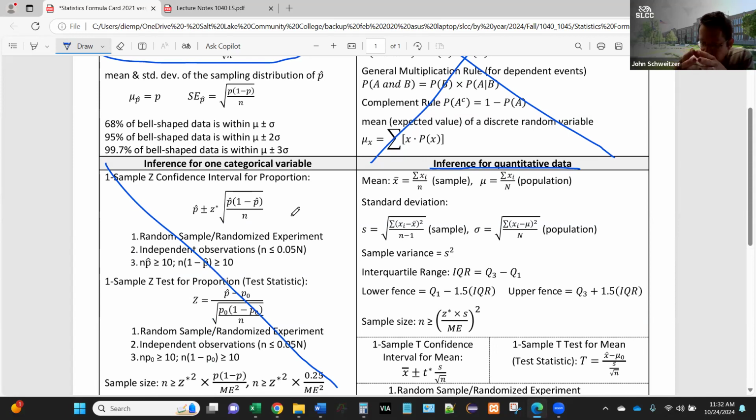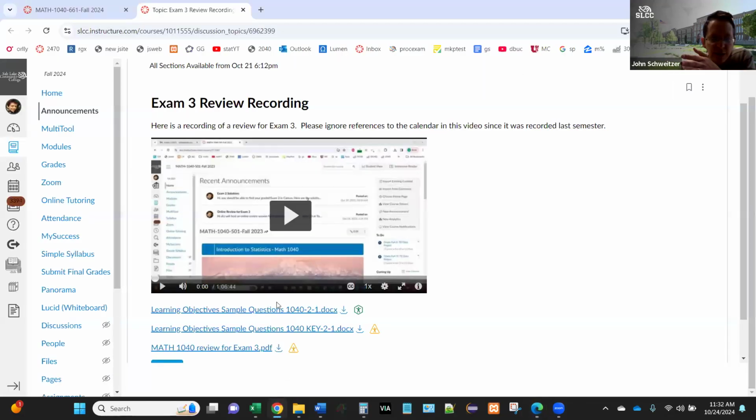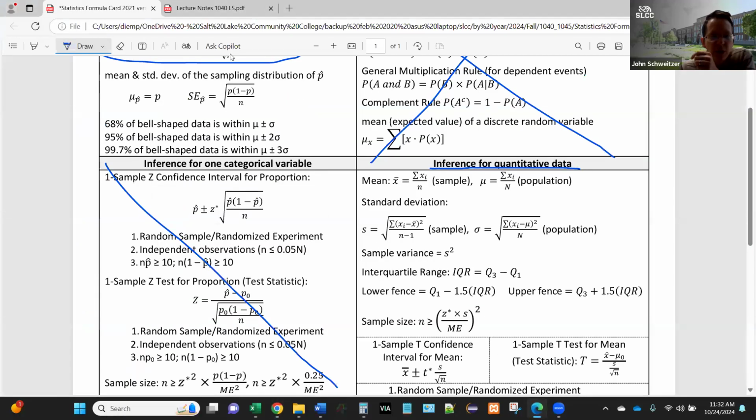And for some of the problems, there will be some GeoGebra outputs, just like on Exam 2. So again, to get the best idea of exam kinds of problems, go through these practice problems, do the homework. Okay, so if there's no questions, we'll get back into what we were doing last time.